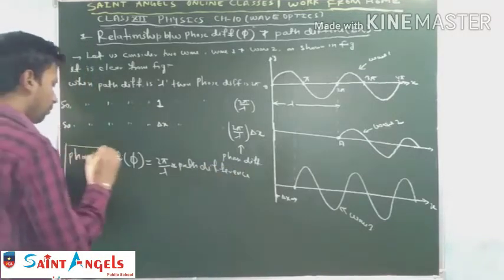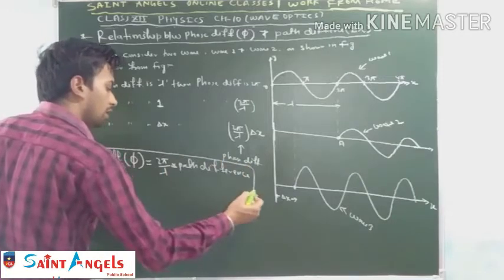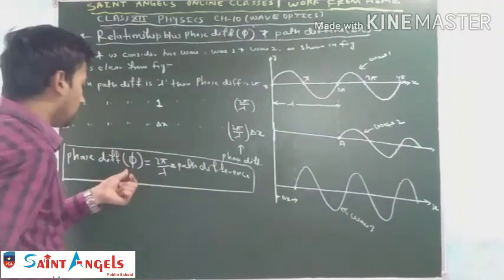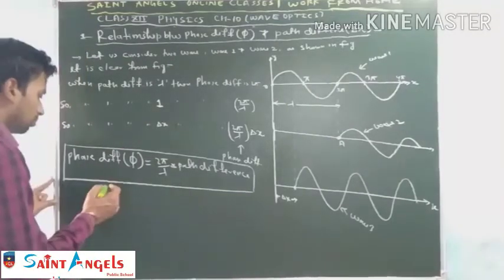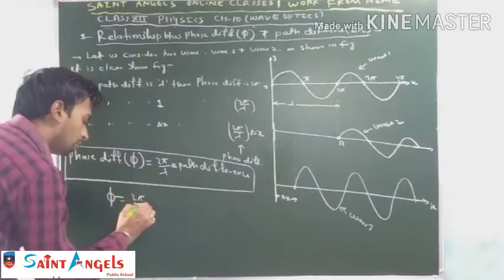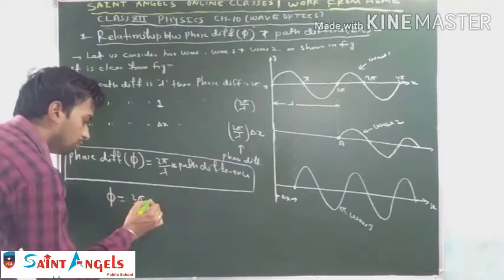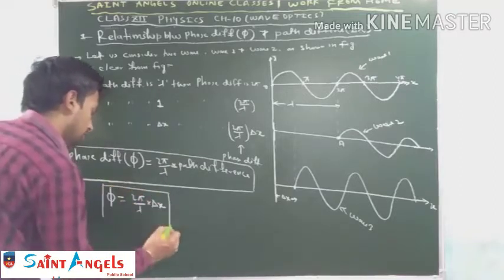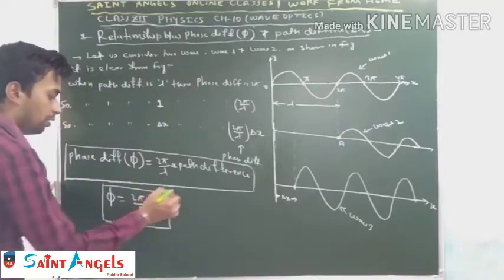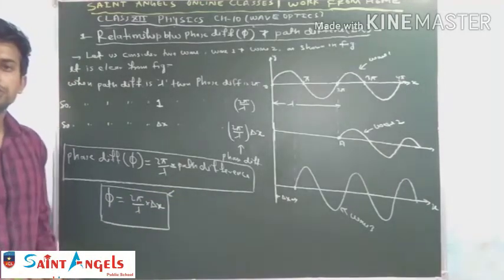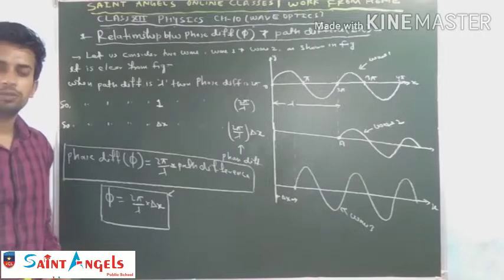It means if we have a path difference between two waves, then we can also calculate the phase difference between them. So phi equal to 2 pi upon lambda into path difference delta x. This is the general formula for phase difference. So please pause the video and note it in your notebook.